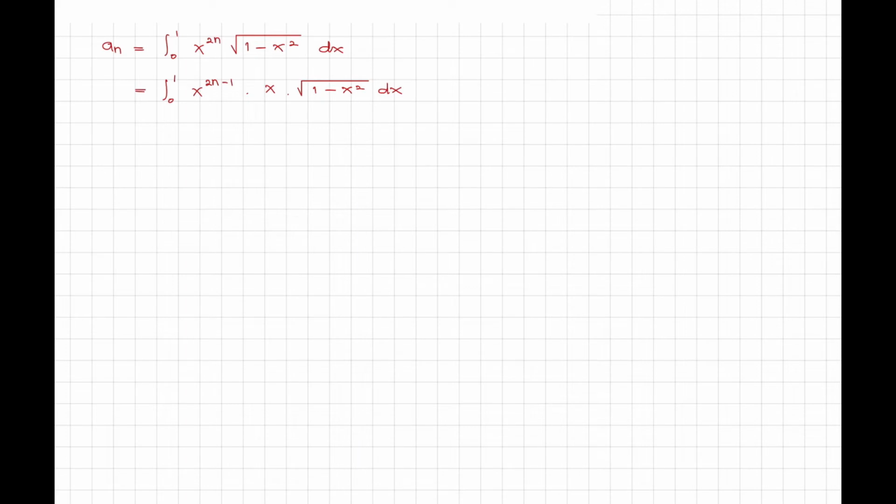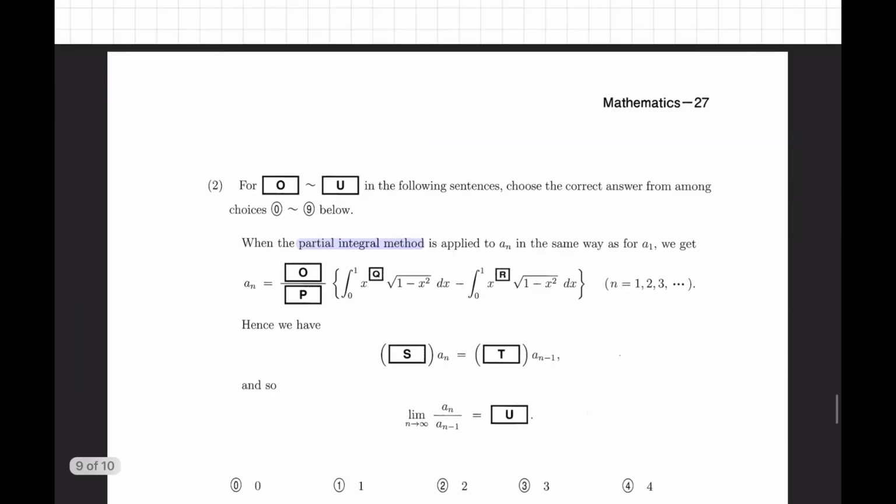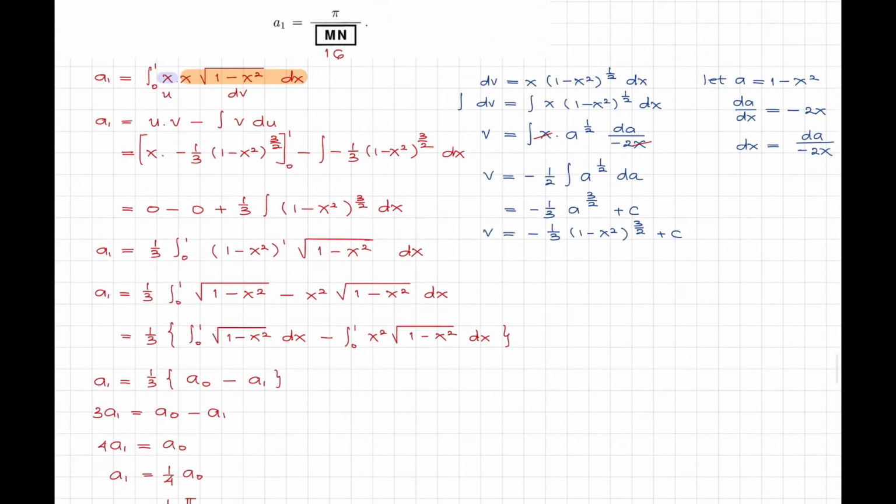And then this is u, and the second part is dv. It's very similar to the previous one. This is u, this is dv, and if you remember, dv is the same as the previous one.